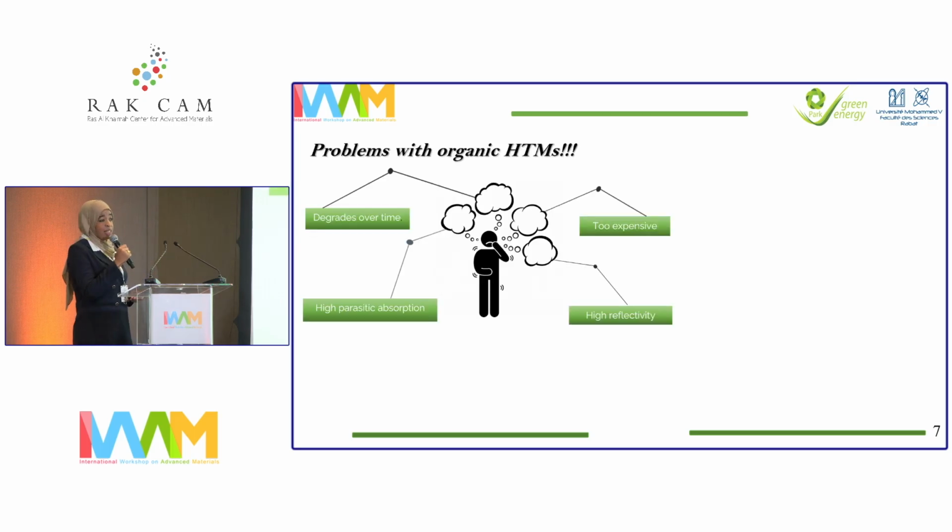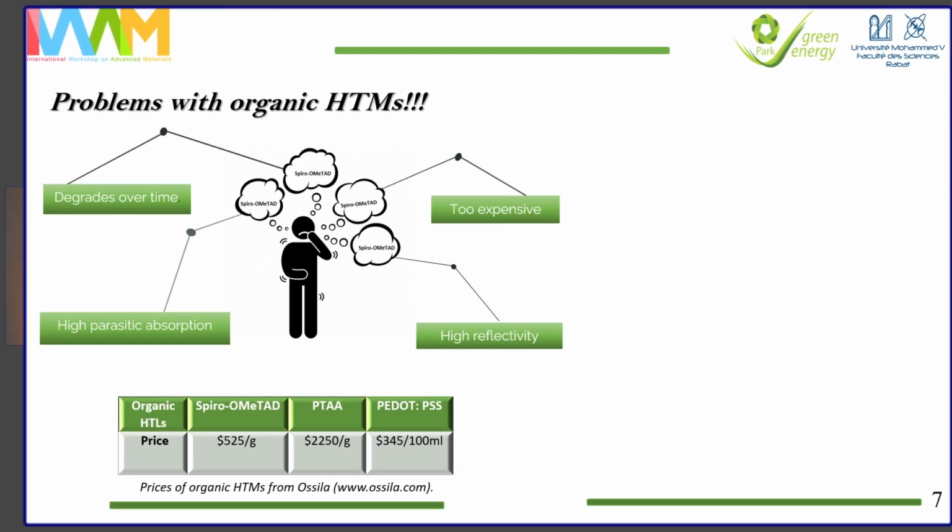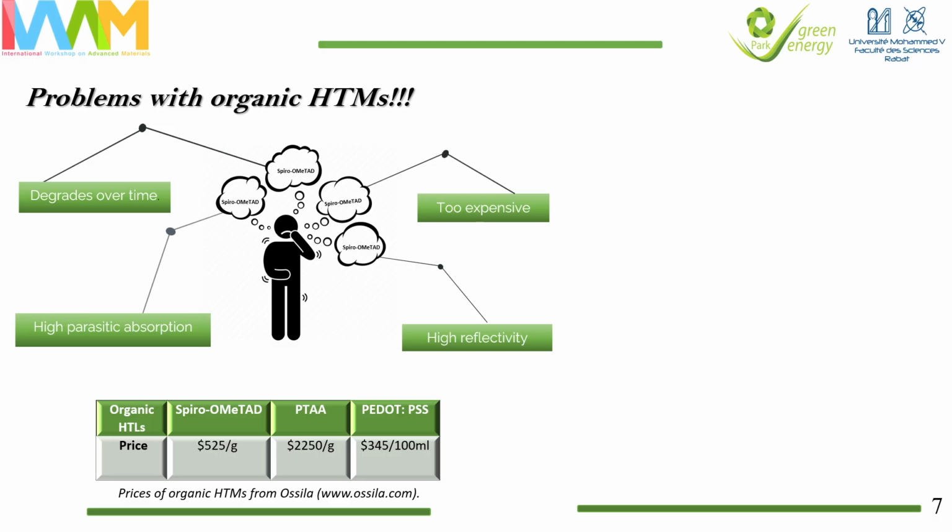The problem here is that the high efficiencies reached today with perovskite solar cells use organic HTMs. However, these organic HTMs suffer from degradation and high optical losses, and they are also too expensive, as you see in the table. Take, for example, one of the most used organic HTMs, spiro-OMeTAD.